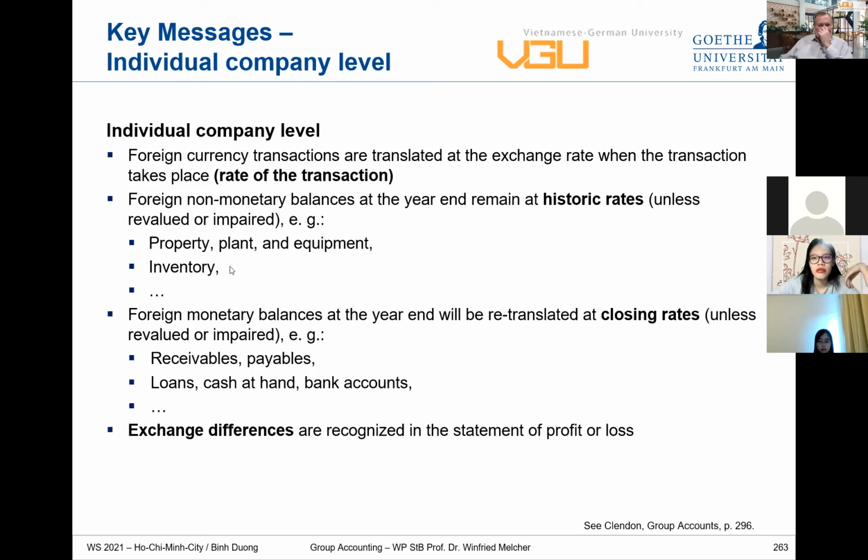So we bought inventory, we bought machines, and we did not reflect any difference in foreign exchange rate at the year end. So we would not revalue the machine, which we have bought in dinar. We will not translate that at the closing rate. We leave the non-monetary items at their translated transaction date rates, okay?